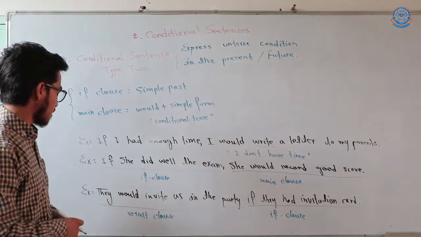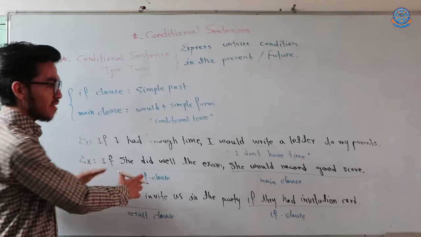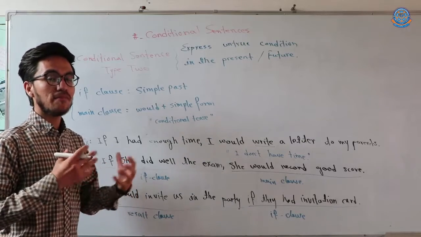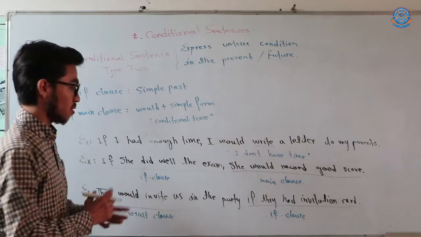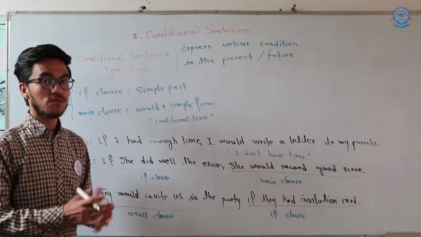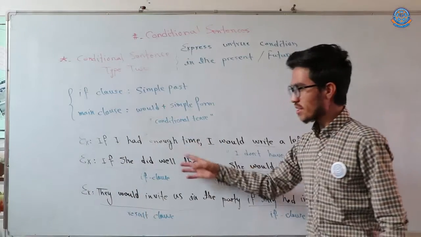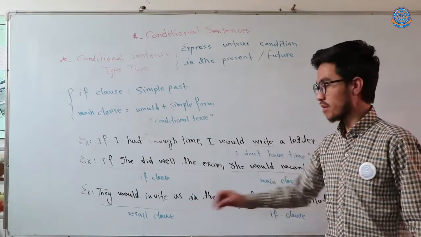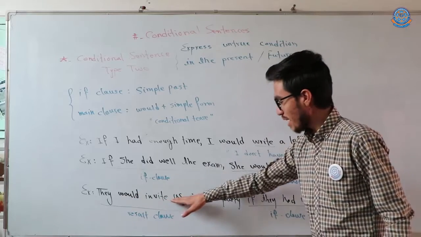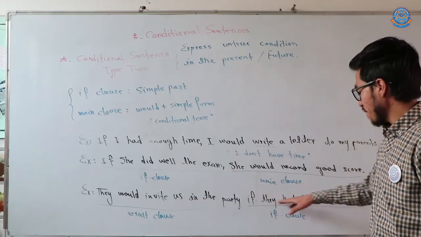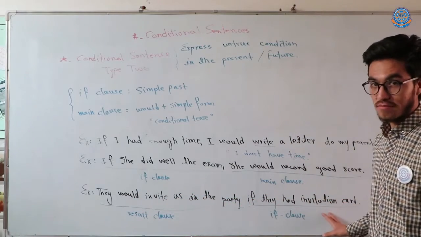Let's talk about another example. In this example, I brought the main clause first. So let's see what the difference is between these two sentences. They would invite us to a party if they had an invitation card.